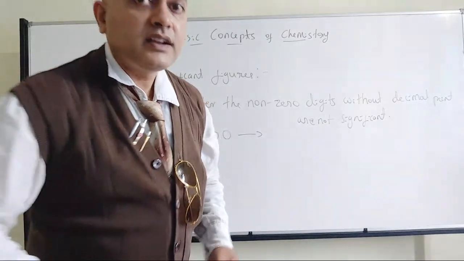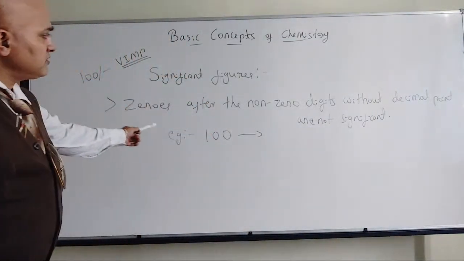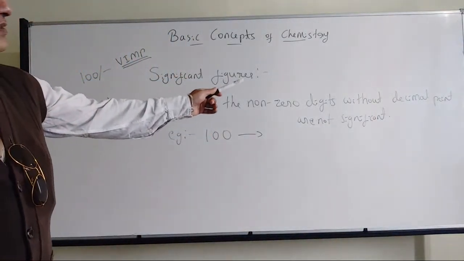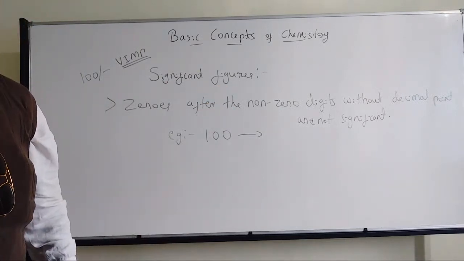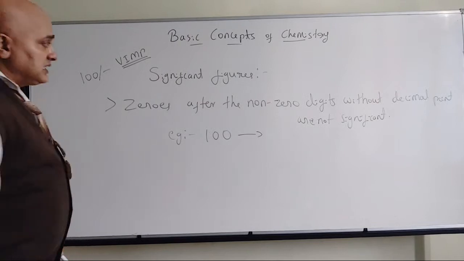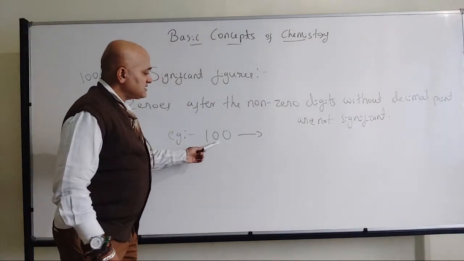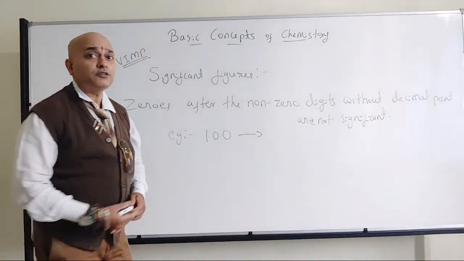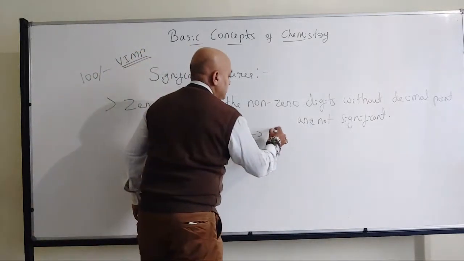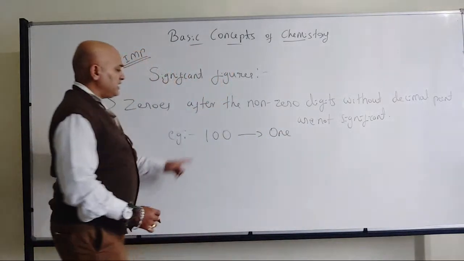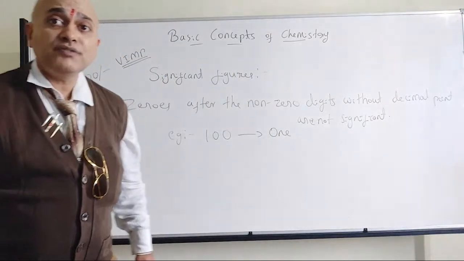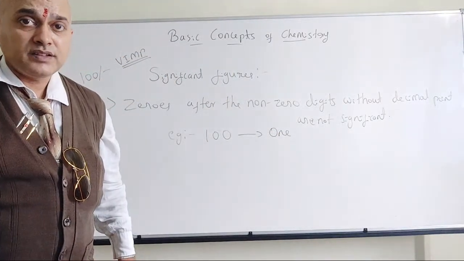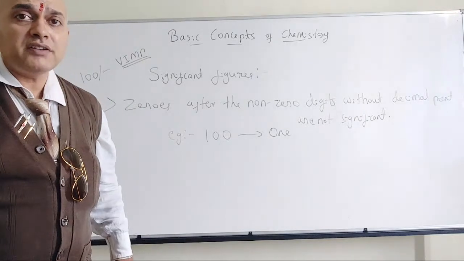Sahana, read the statement. Zeros after the non-zero digits without a decimal point are not significant. So it means that these zeros do not have any value. Therefore, it will have only one significant figure. Fine? All of you have understood?